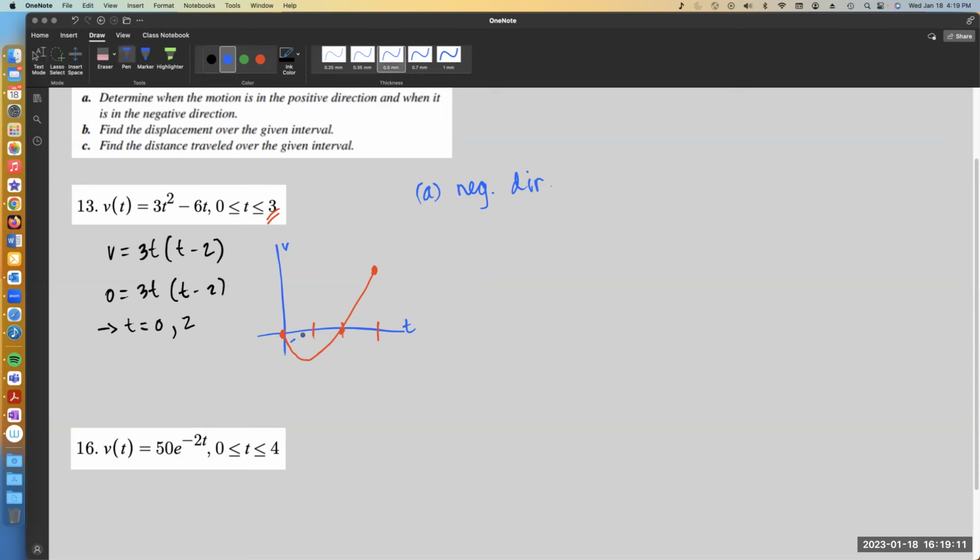Negative is going to be down here, and then positive will be this area up there. So negative direction is going to be on the interval 0 to 2. Positive direction, 2 to 3.